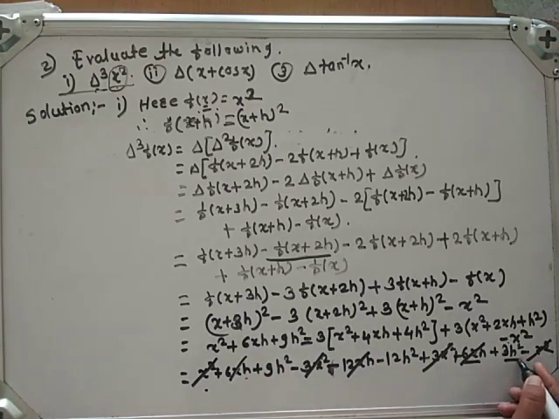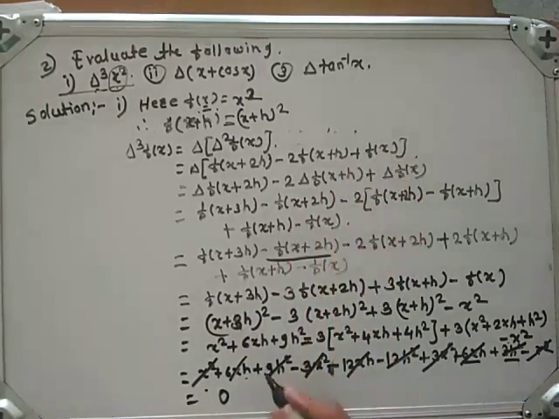Here 3h square plus 9h square is 12h square, and minus 12h square gets cancelled. So here remains 0. Therefore, delta cube of x square is equal to 0.